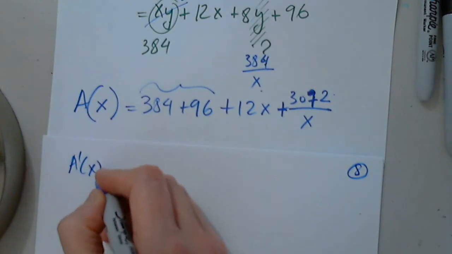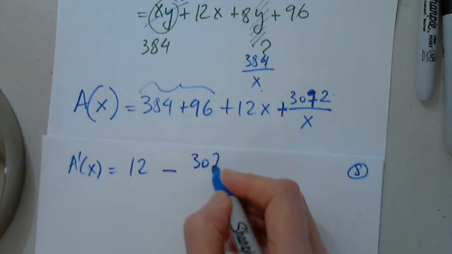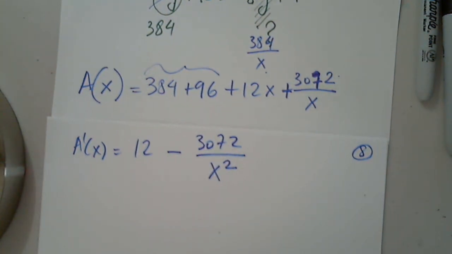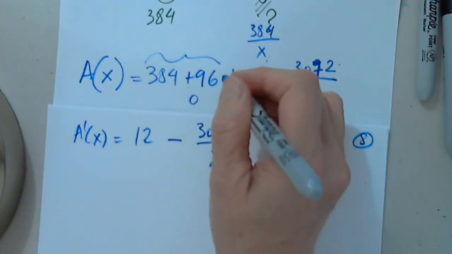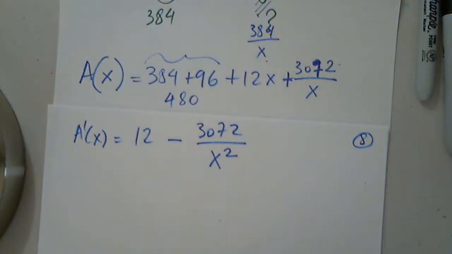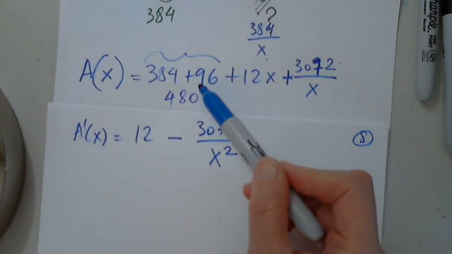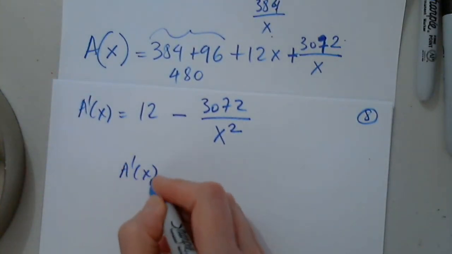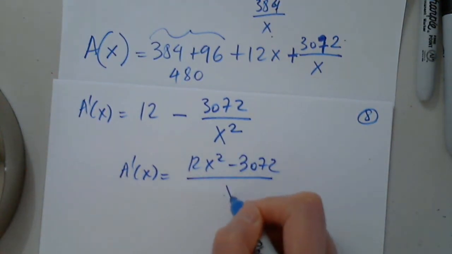So A prime of x equals, this is 0, 12, of course, minus 3072 over x squared. Because I will probably need to plug it in, 96 plus 384 is 480. Am I correct? I think so. Okay, so then A prime of x will be 12x squared minus 3072 divided by x squared.